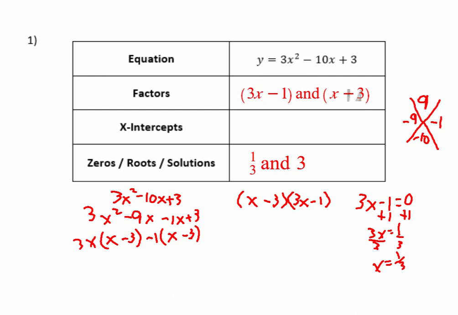So when I've got my factors to find my zeros, I literally just set each one of these equal to 0 and solve, and that will give me my zeros.